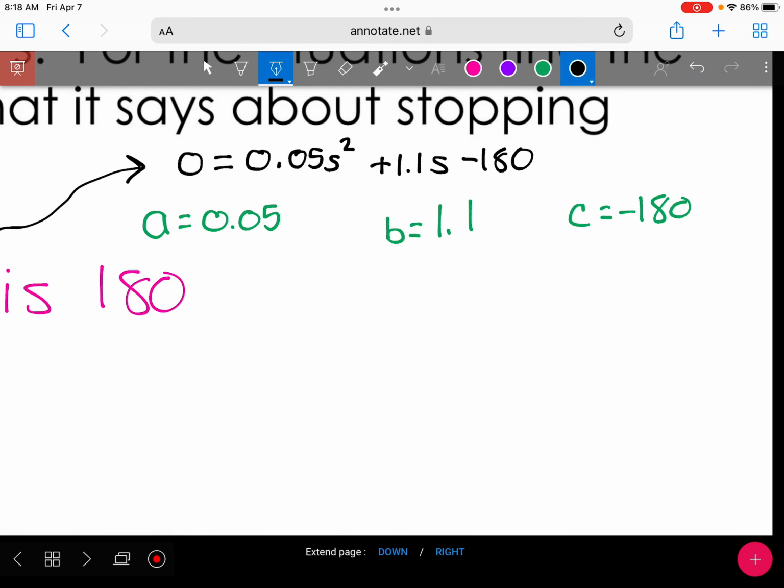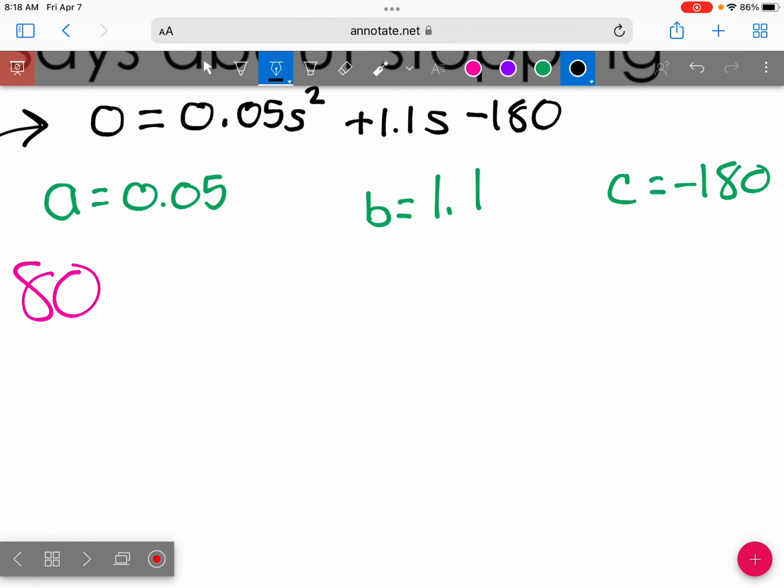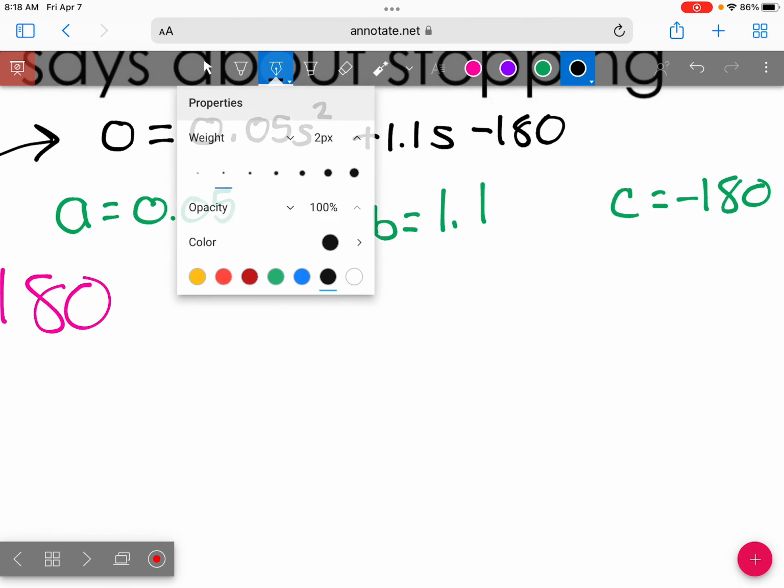All we're going to do is type this into our calculator and get our two solutions.